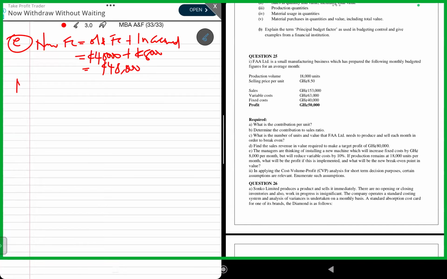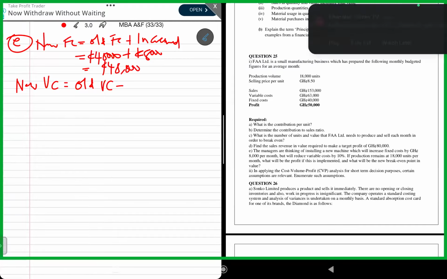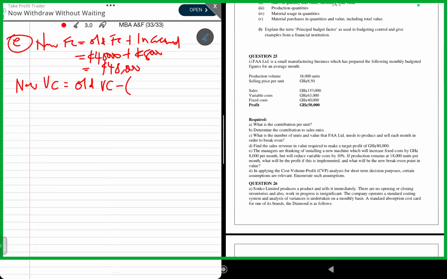But it will reduce variable costs by 10%. So what are the new variable costs? New variable cost will equal the old variable cost minus the reduction. There are two ways I can solve it. I'll say old variable costs minus, in brackets, 0.1, that is 10% of the variable costs.